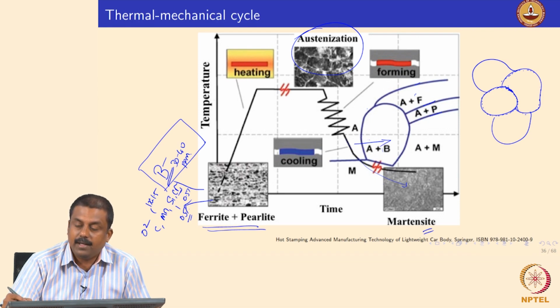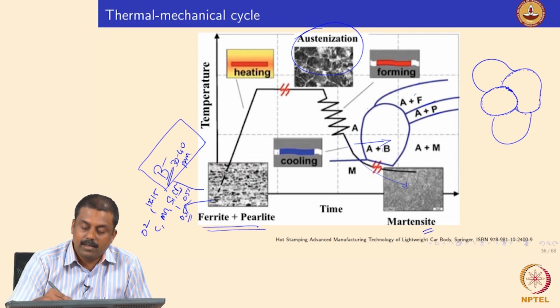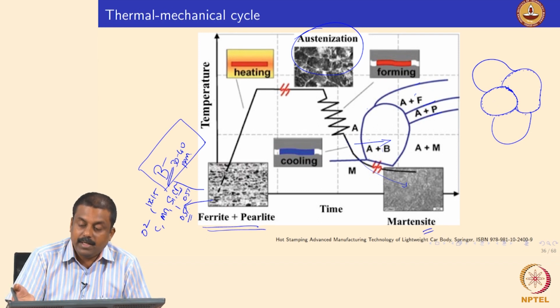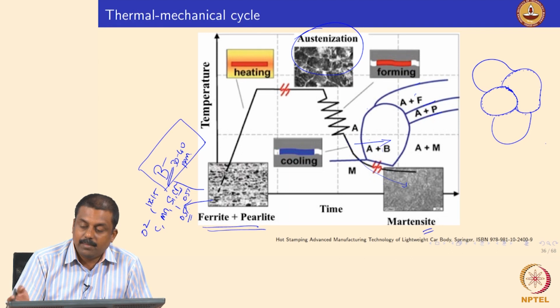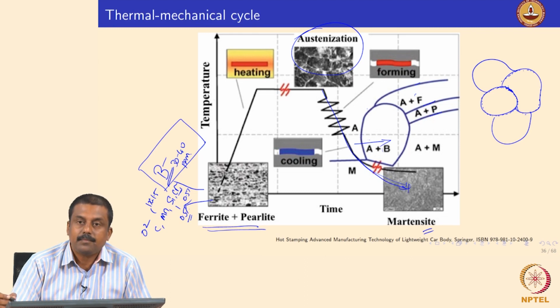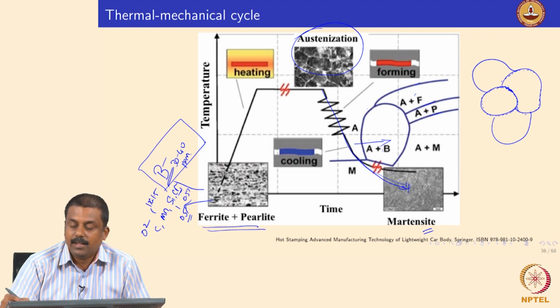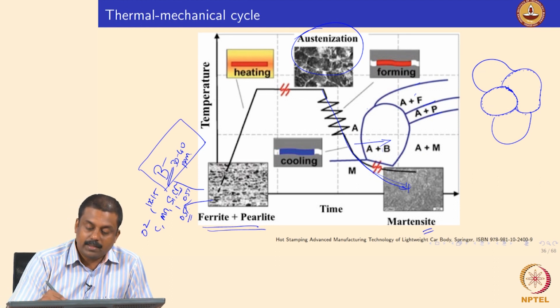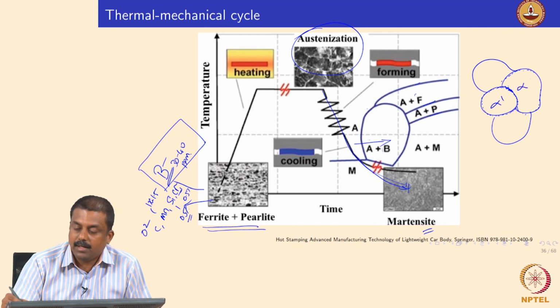The austenite remains as austenite, and there is no partitioning. If ferrite nucleation is retarded, the austenite can fully transform into martensite. Because of the retardation, the austenite stays as austenite, and subsequently when you cool to room temperature, the austenite transforms to martensite.